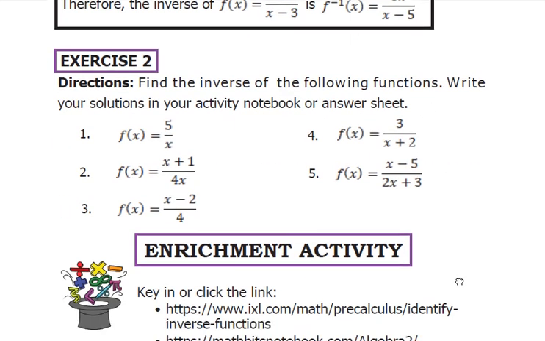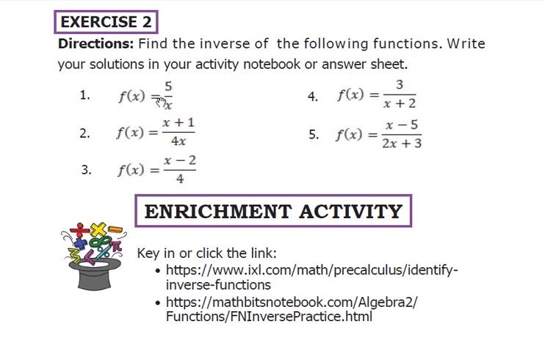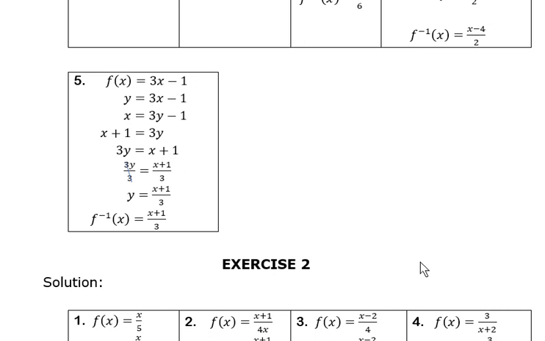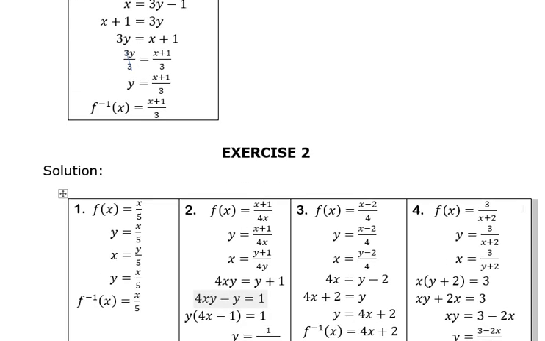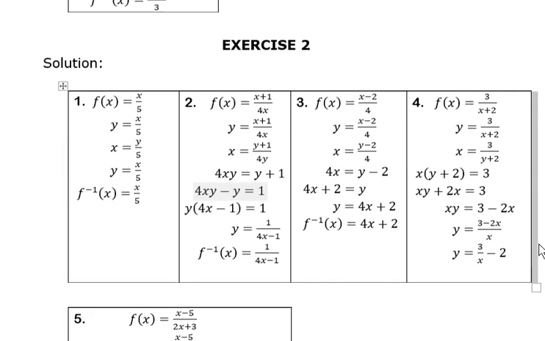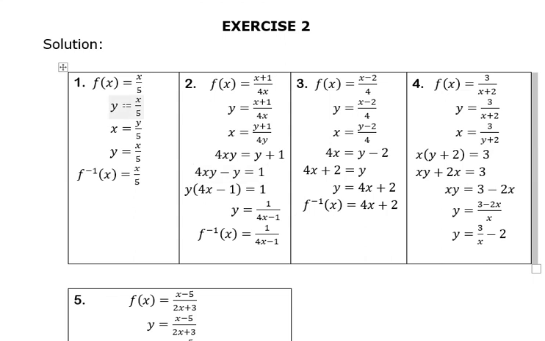We move on to exercise number 2. We have to find the inverse of the following functions. Number 1, f of x equals 5 over x. For the solution, we write y equals f of x, interchanging x and y, then solving for y in terms of x.